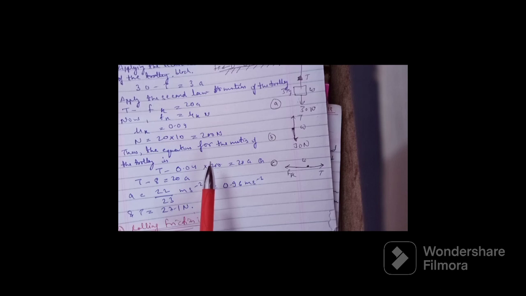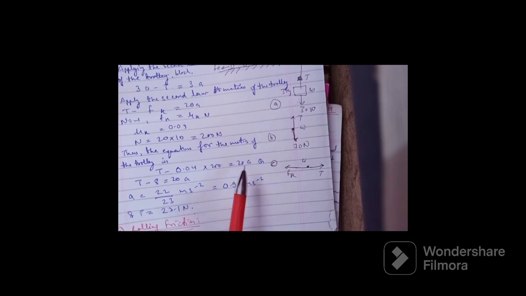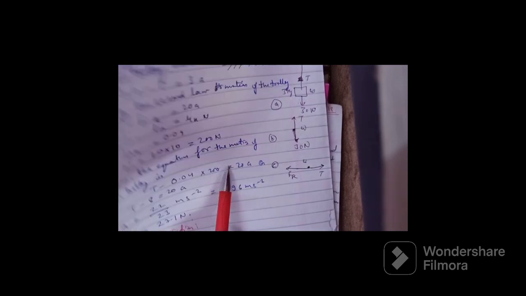Static friction is a self-adjusting force up to its limit, which is f equals mu s N, so do not put f equals mu s N without being sure that the maximum value of static friction is coming into play.